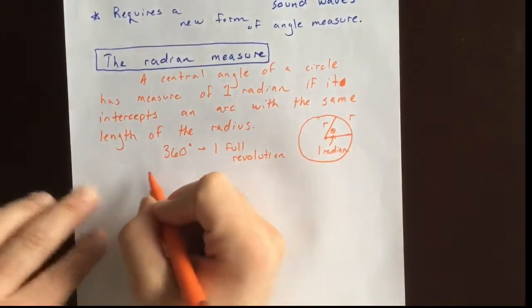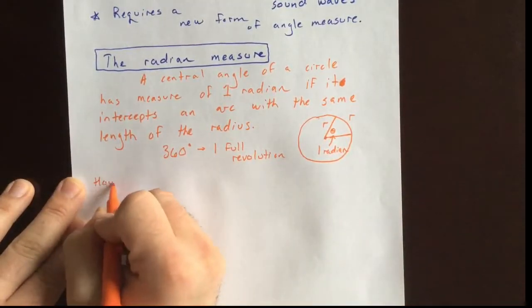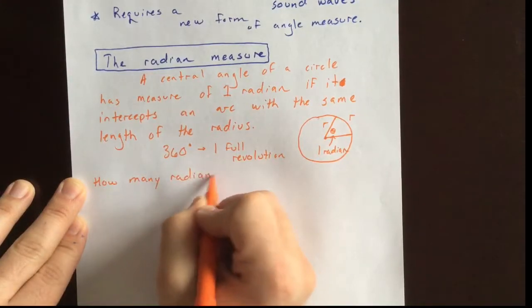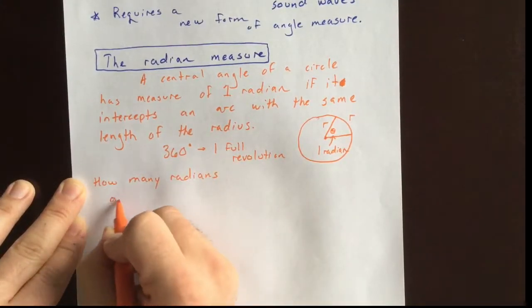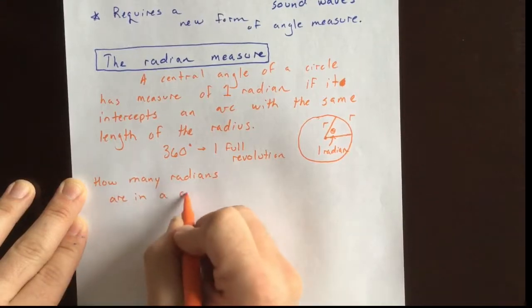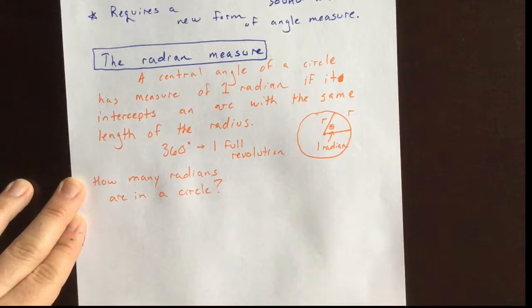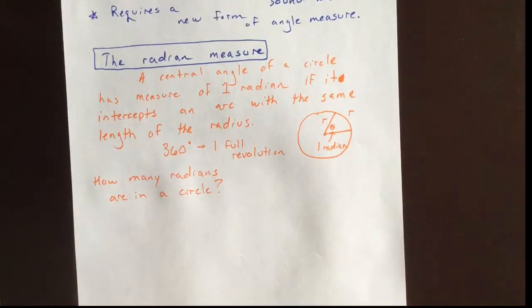That's in degrees. Well, how many radians are in a circle? I mean, you might know this. If you've seen radians before, you probably know the answer to that question. Let's think of a couple of things here.